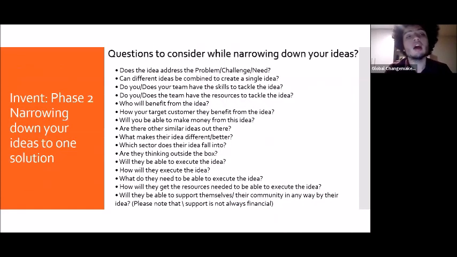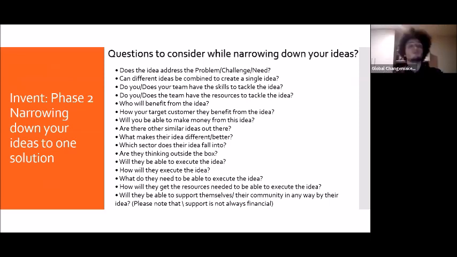So now this is the phase of narrowing down your ideas to one solution. How can you narrow it down? It's actually asking a bunch of questions, which I have here on the slides. But a few I can suggest are to think about who your target customers are that will benefit from the idea. Are they the same ones that you identified under your problem statement?